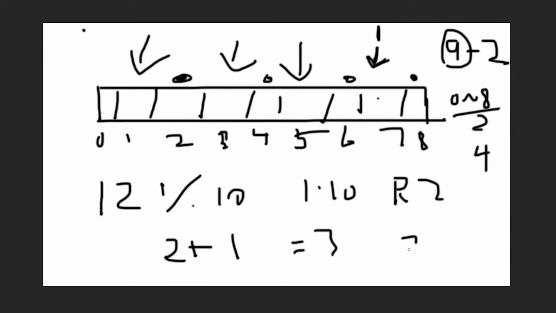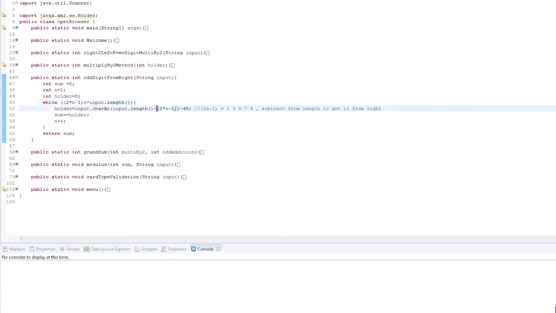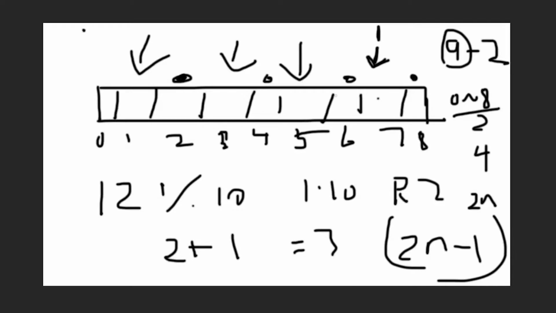So 2n minus 1 will always give you an odd number, and 2n will always give you an even number. That's pretty self-explanatory, because an even minus 1 is always an odd. After that, I'm going to get my input.length minus my odd number.